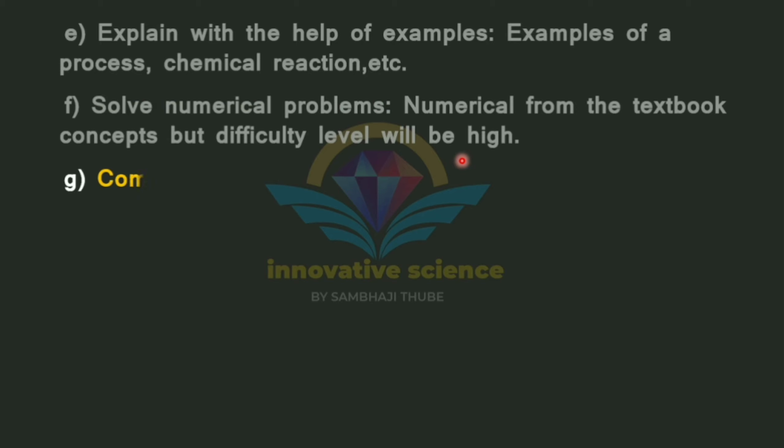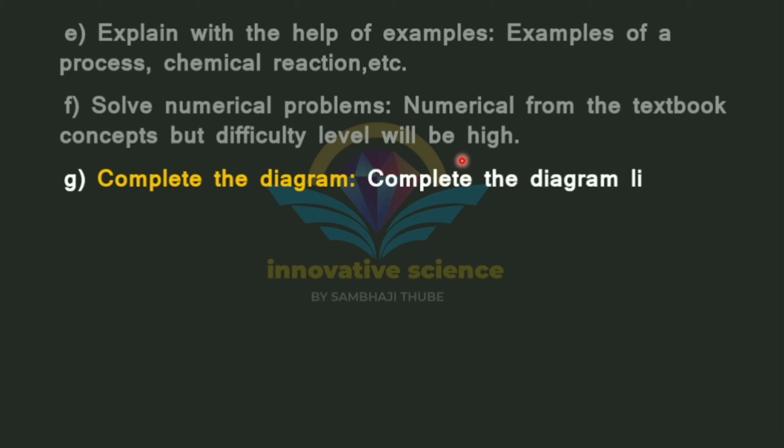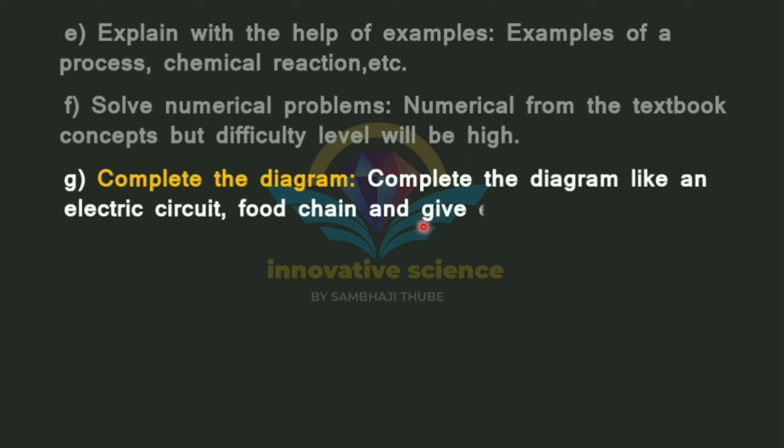The next type of question is complete the diagram. An incomplete diagram or flowchart of a food chain or electrical circuit will be given, and you have to complete it, draw the correct diagram and explain it.